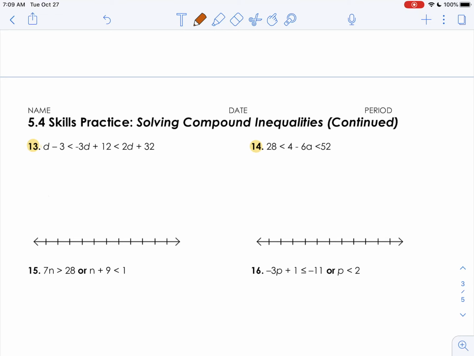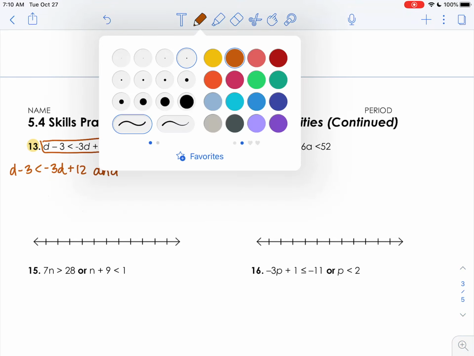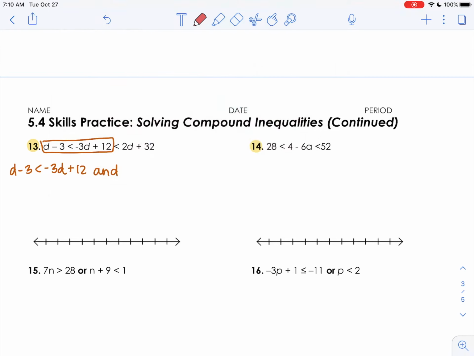So we're going to take the first part, d minus 3 is less than negative 3d plus 12. This is the first inequality that we're going to write down. And it's an and inequality. And then we're going to look at the second part, which is negative 3d plus 12 is less than 2d plus 32.